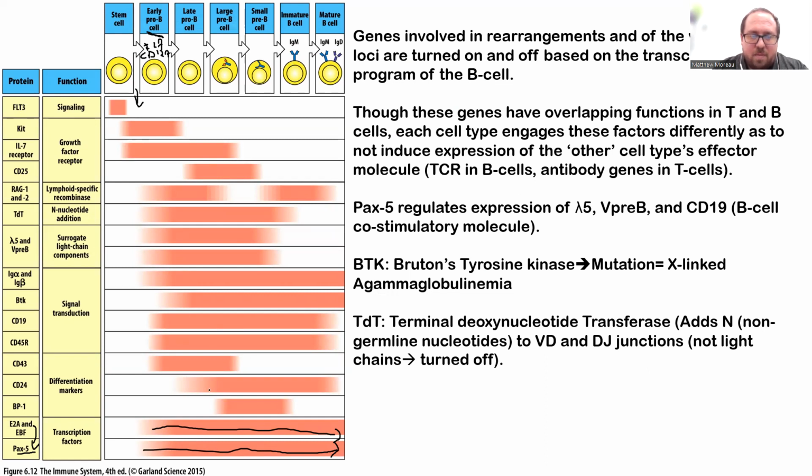Now there are different markers that are expressed in different stages. Really importantly, something like KIT is expressed to help define the early pro-B cell as it moves on from being a stem cell. It comes on at the same time as the IL-7 receptor, which is expressed at the same time as E2A and EBF, as well as PAX5.